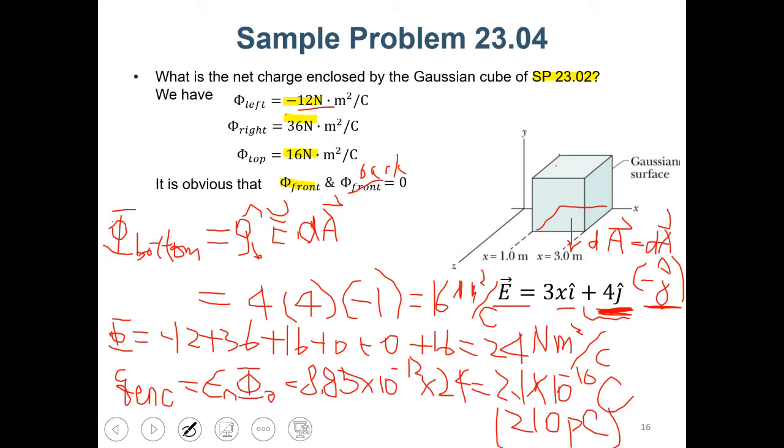So this is just a simple demonstration of Gauss's law, which means that you can calculate the net flux, then you know the total charge inside this volume. But actually, you don't really know how the charge is distributed. You only know the overall charge inside.